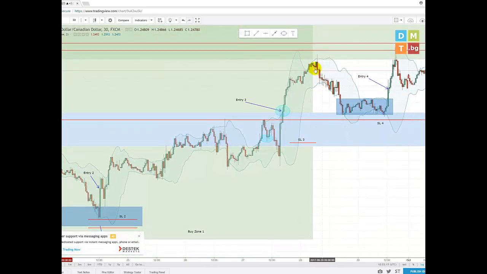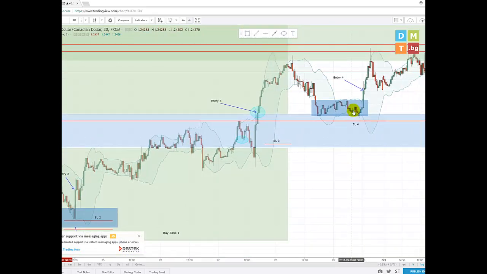In this case, on the 30 minutes, price went down, reached exactly above that resistance area which was broken, formed a nice consolidation, which again was broken with a huge bullish movement, and we had the Bollinger Squeeze expanded. So this could have been our entry number 4.